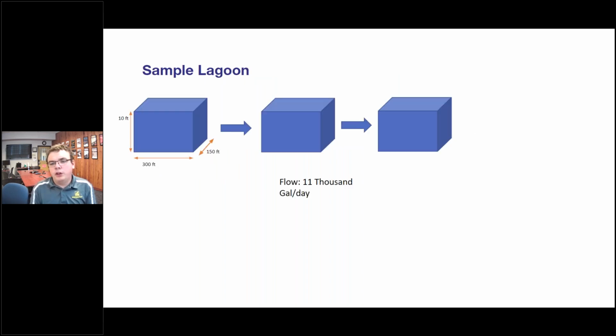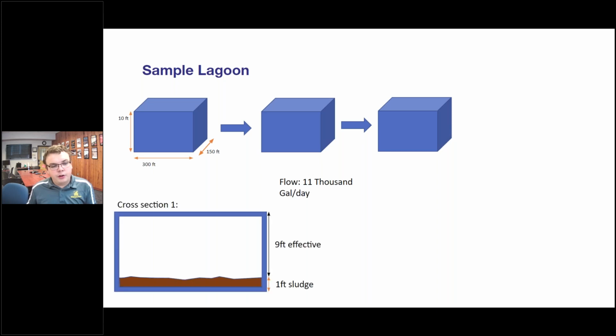So we can run through a little sample lagoon problem here, where we have a 10-foot deep lagoon by 300 foot by 150 foot that's seeing 11,000 gallons a day come into it. And over these 3 lagoons, we're looking for a time range of about 70 to 90 days for retention time. So we can look at 2 different scenarios.